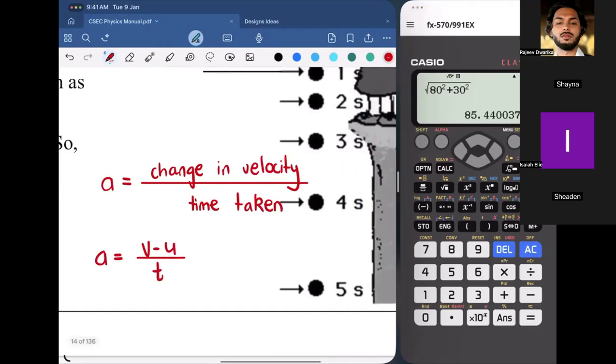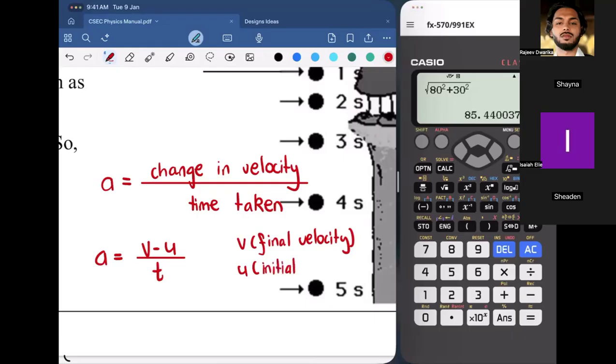Does anybody know what v would be? Final velocity minus initial velocity. Right, final velocity, and u is the initial velocity. So in other words, acceleration is the time it takes for you to change your velocity. That's what it is.